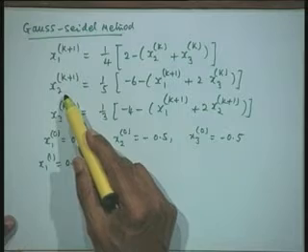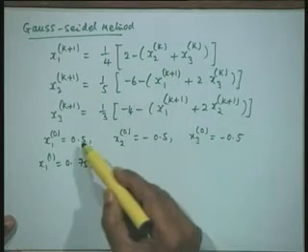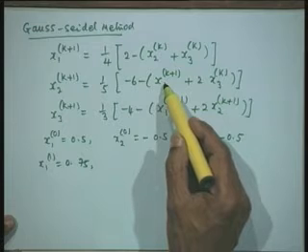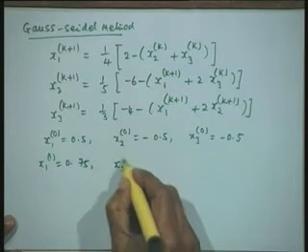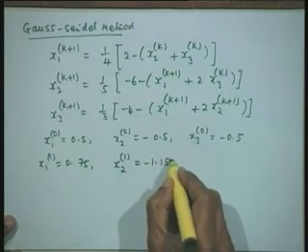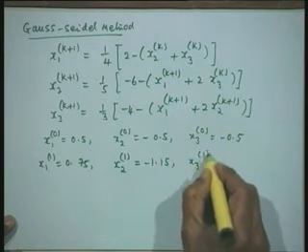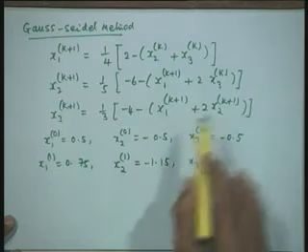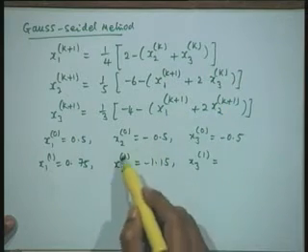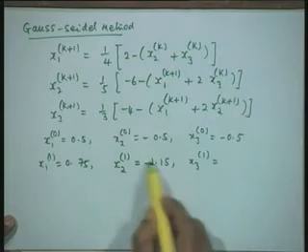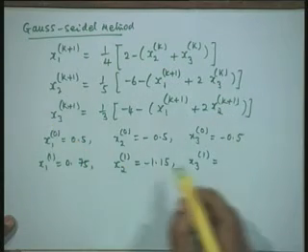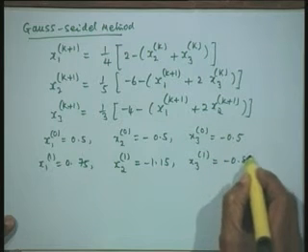Therefore, the second solution is going to change substantially because in place of 0.5 which was the previous iterate, now we are using the current iterate as 0.75 over here. Now, this value comes out to be x 2 of 1 is minus 1.15 and similarly x 3 of 1. Now, when I am solving for x 3 of 1, I have got x 1 of 1 available to me, x 2 of 1 is also available to me. So, both these values will now be used on the right hand side and this value comes out to be minus 0.8167.